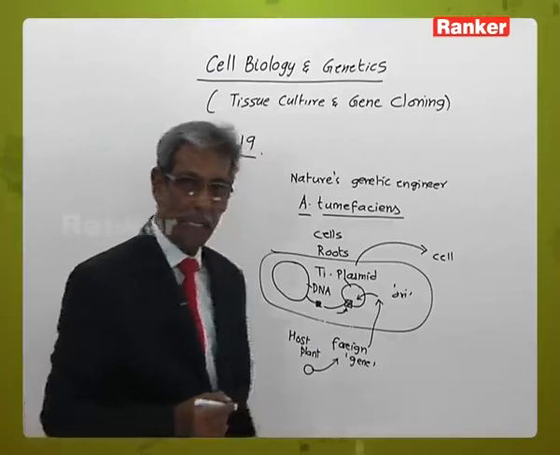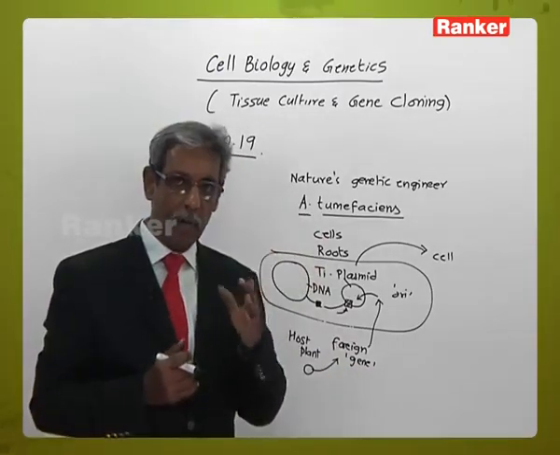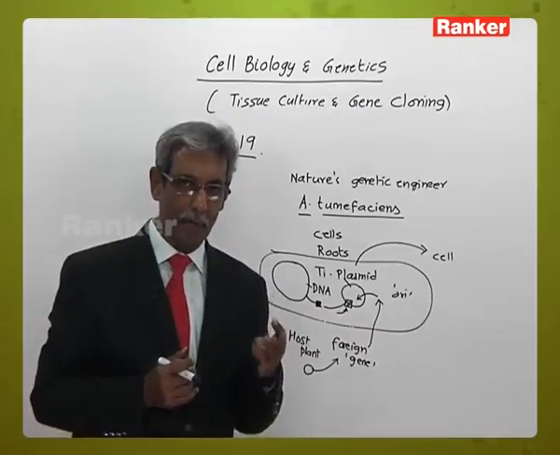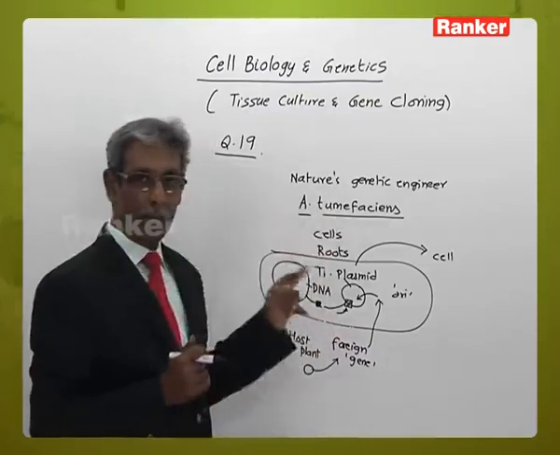Somewhere in the 1980s, recombinant DNA technology, plant biotechnology, or primarily gene cloning started with Agrobacterium tumefaciens.